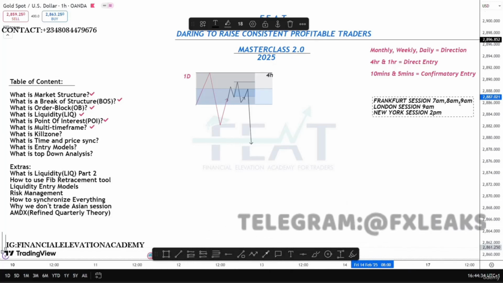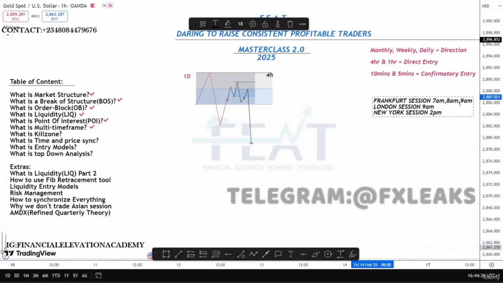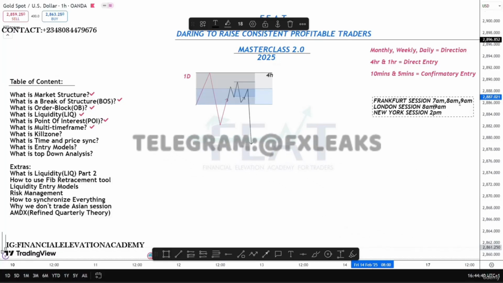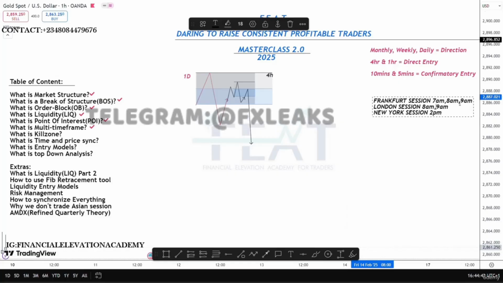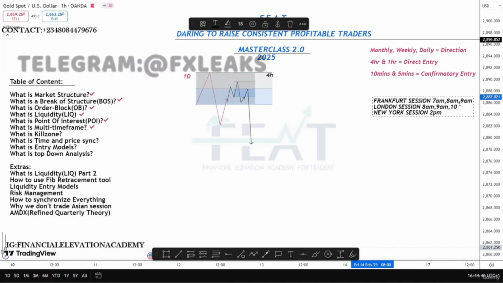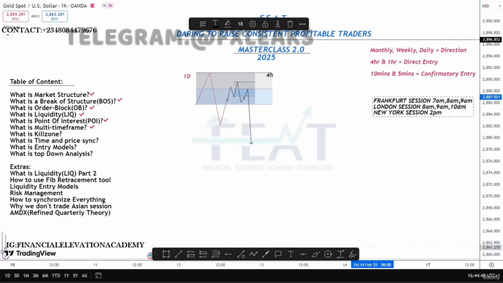Now for London, entry comes by 8 a.m., which is the Killzone, 9 a.m. opening, then 10 a.m., 1 hour after the opening.